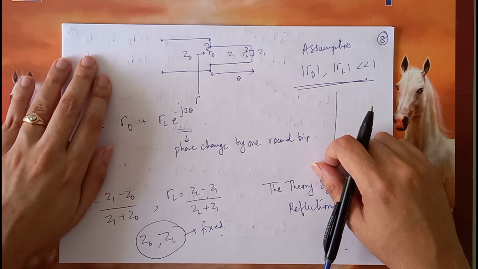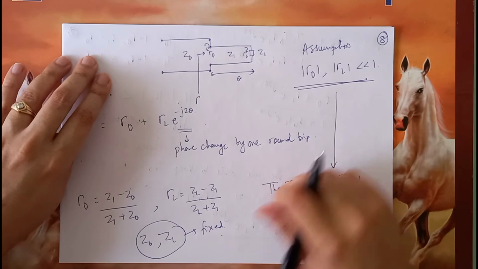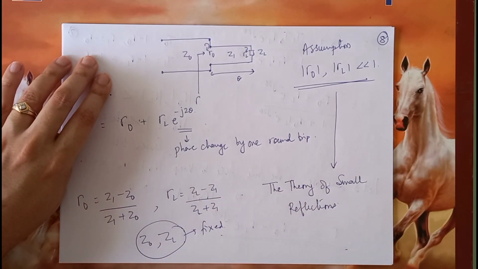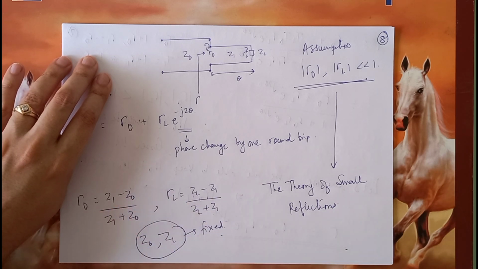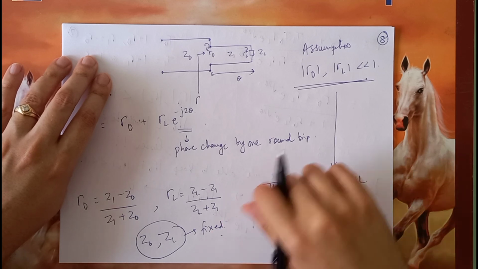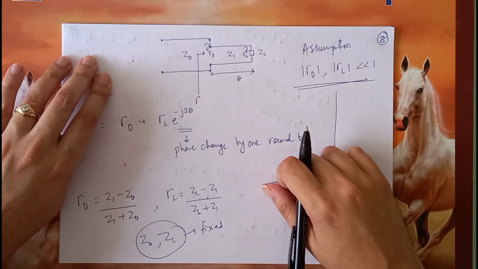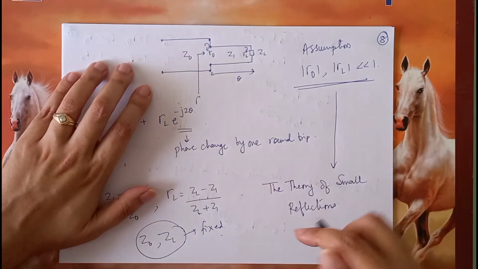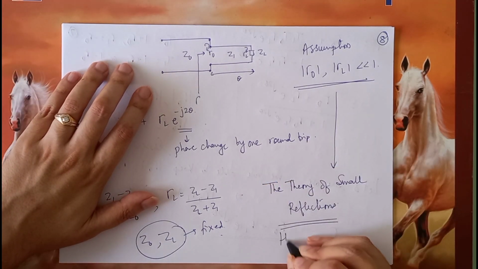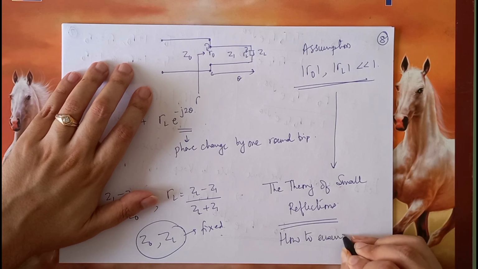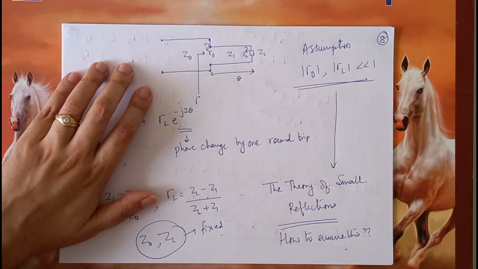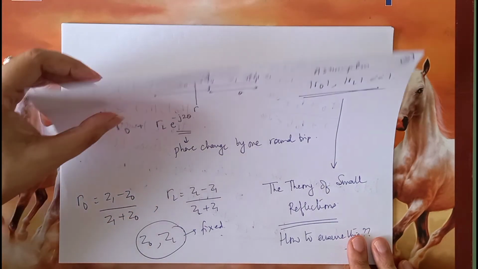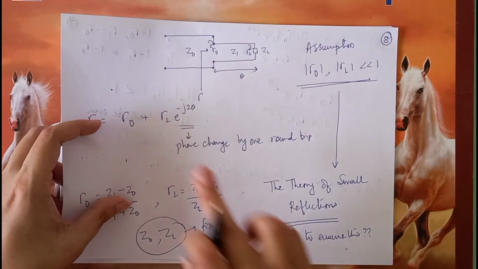So is there any way through which we can ensure that the reflection coefficients will be small no matter what Z0 and ZL are? Is there any way to ensure this? Well, we don't know. Let us look at this equation from another angle.